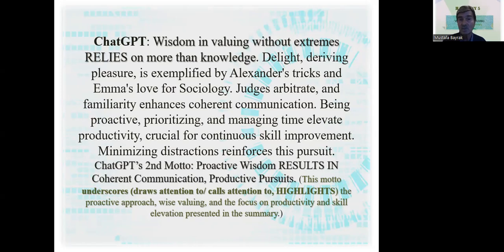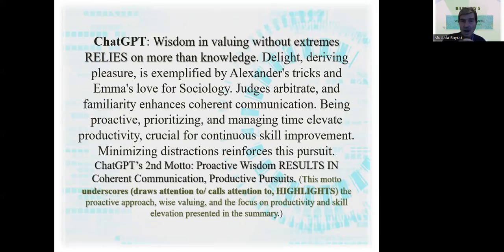ChatGPT's second motto is this: proactive wisdom results in coherent communication, consistent communication, productive pursuits. This motto, now explanation by ChatGPT again.